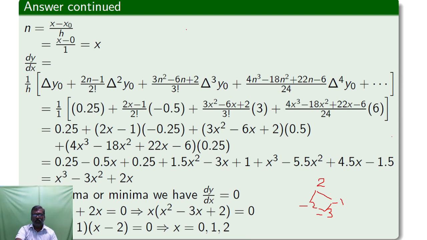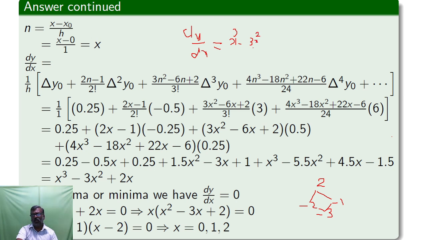Here, see, dy by dx equal to x cube minus 3x squared plus 2x. Differentiation means bringing the power inside.